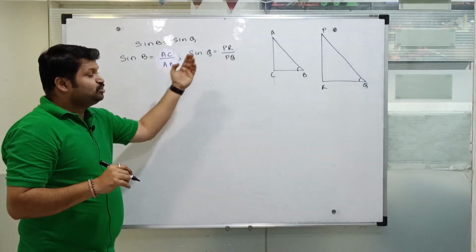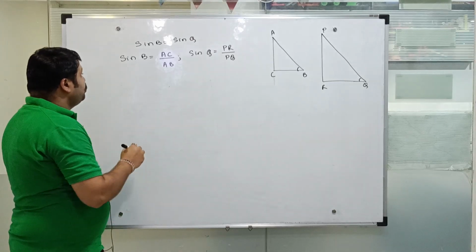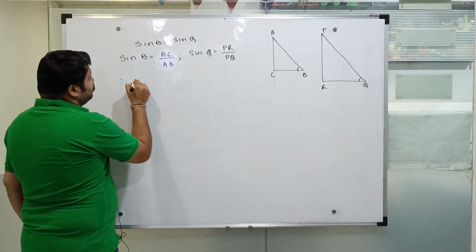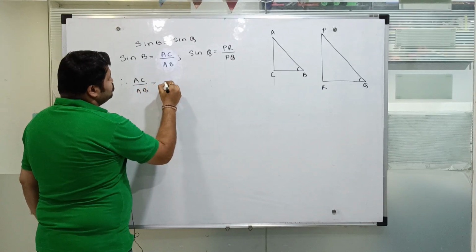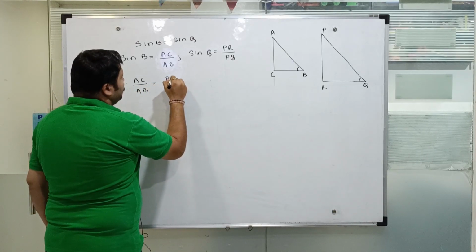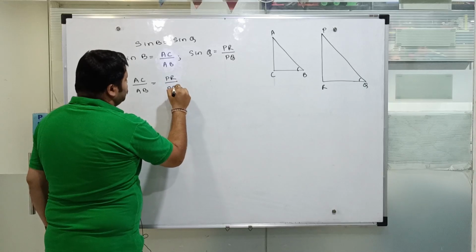Now, since these two values are equal, we can say that AC upon AB is equal to PR upon PQ.